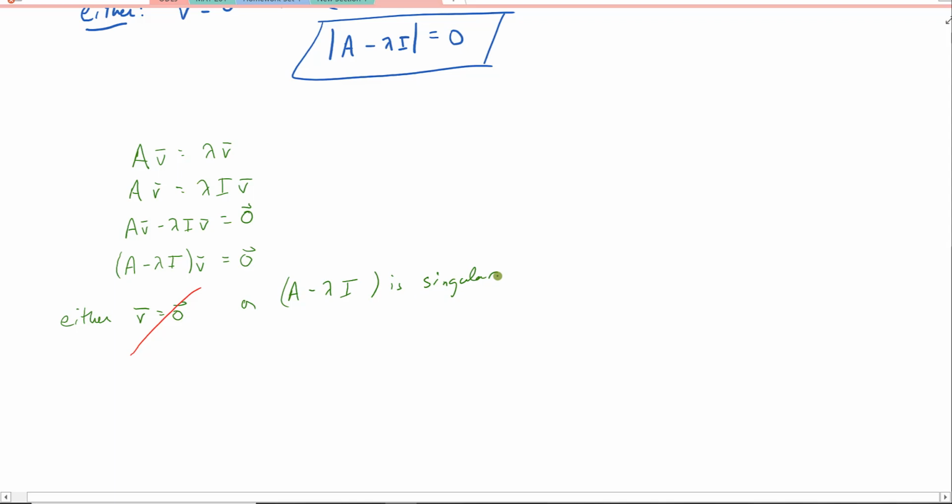What do we mean by saying it's singular? We mean that its determinant, det(A minus lambda I), is equal to 0. Careful here, folks. This 0 here is the 0 vector. This number here on the right-hand side is the number 0, the scalar 0 in the real number system. And there we have our derivation of the characteristic equation.